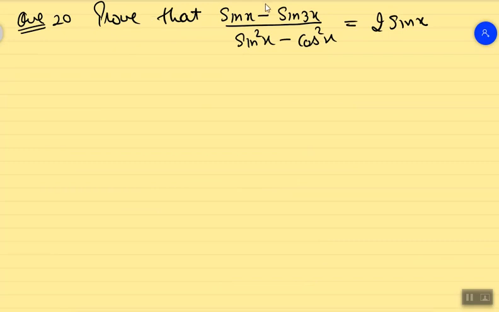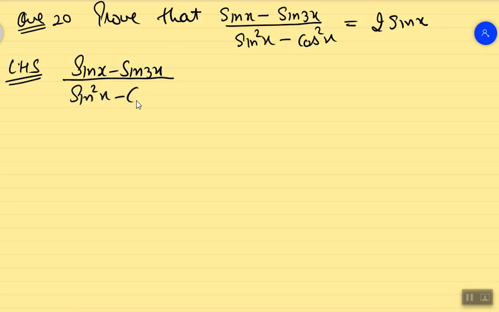Okay, prove that (sin x minus sin 3x) over (sin square x minus cos square x) is equal to 2 sin x. So let me take the left hand side: sin x minus sin 3x over sin square x minus cos square x. Now the formulas. So let me write the formula which we used.